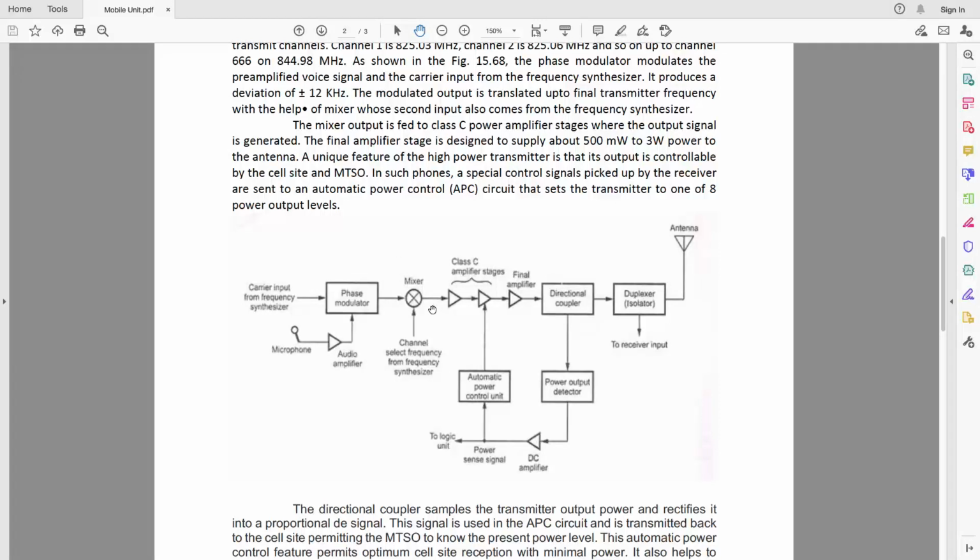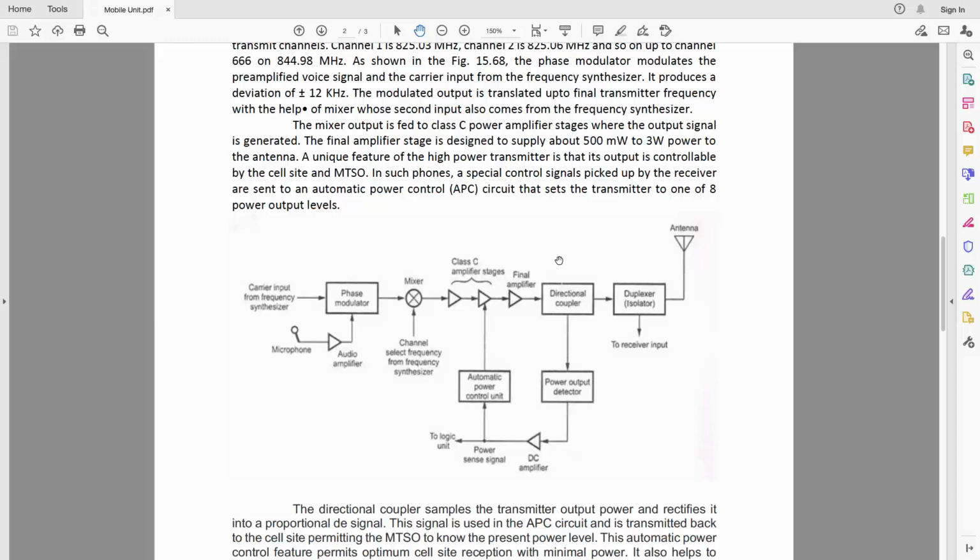So that signal is again amplified with the help of class C amplifier stages. So there are two class C amplifier stages. We have already seen different types of amplifiers. One of the types is power amplifiers. Power amplifiers are the amplifiers which are able to amplify the power of a signal.